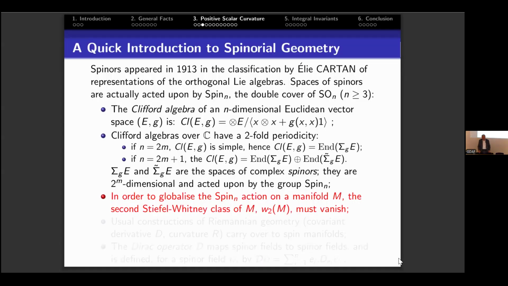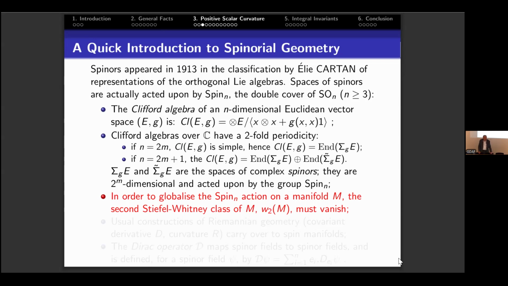Of course, we don't want to do only linear algebra, or multilinear algebra, we also want to do geometry, differential geometry. So you want to know whether you can make sense of all this on a manifold. And actually, the good or bad surprise, I don't know how you take it, is that if you take a manifold at random, you will not be able to define spinors. One reason for that is there is a topological constraint.